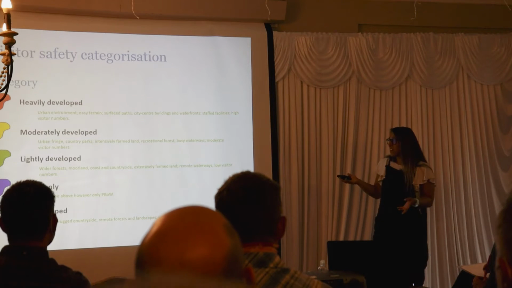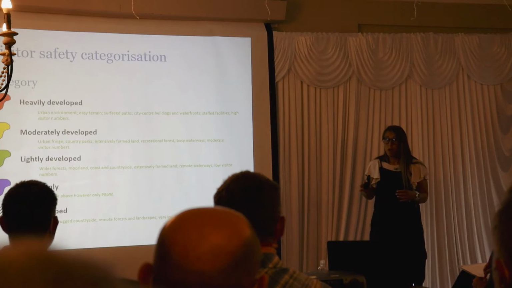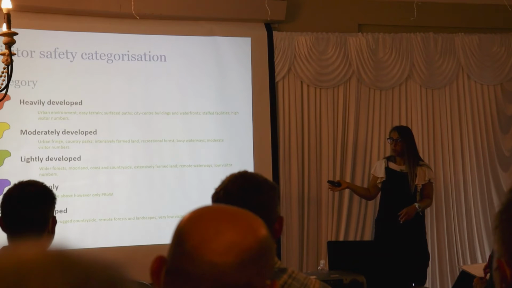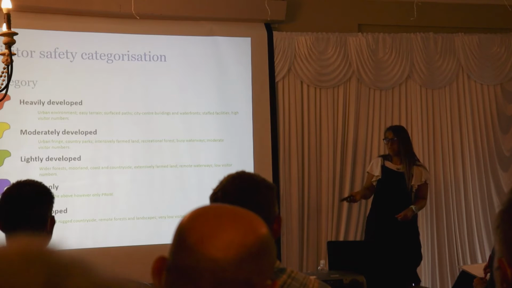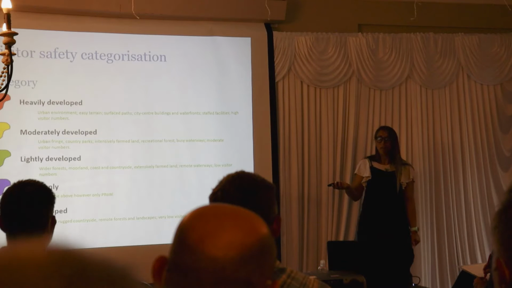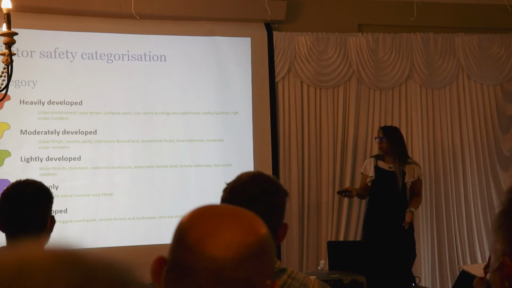So the lightly developed, say, linear features on the estate are things like our waymark trails or forest roads. However, if there's just a footpath that's going through a woodland, there's going to be a different level of management and safety structure on that linear feature. So we've highlighted those separately just to make sure we know.